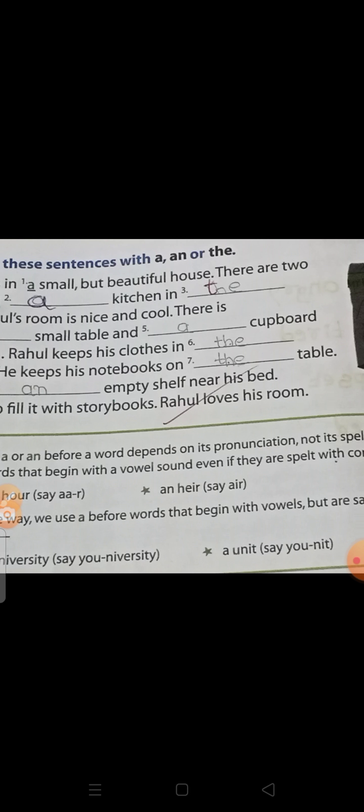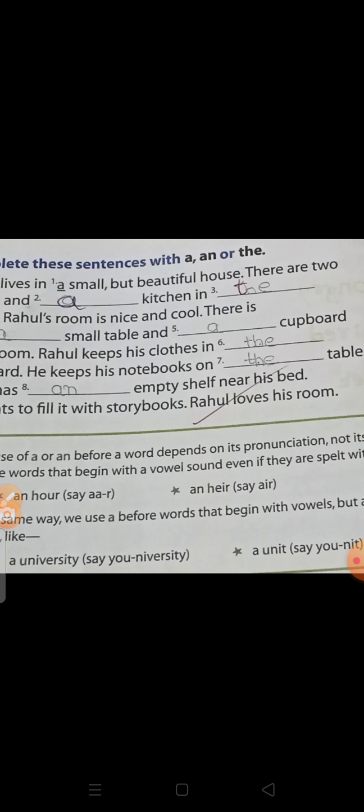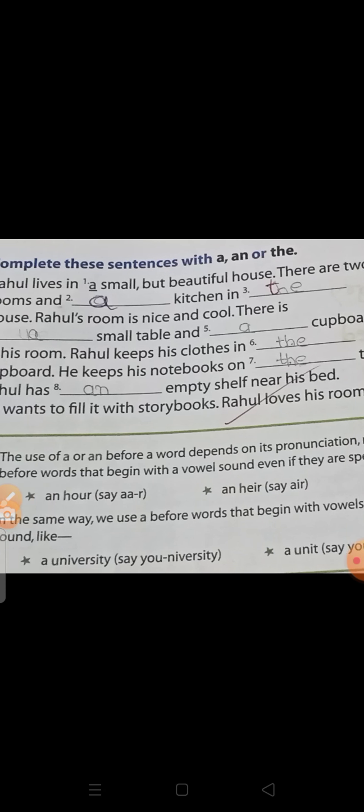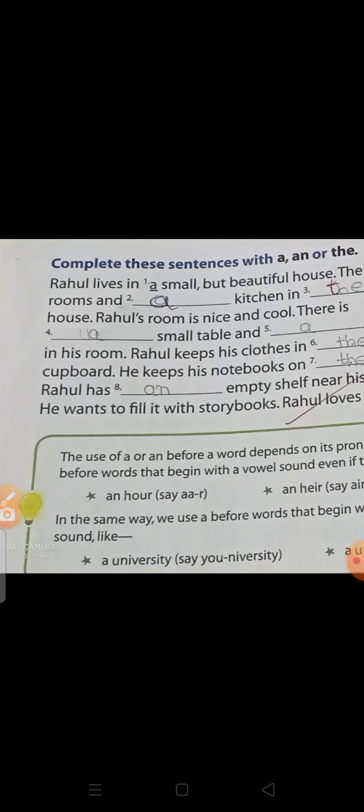Some important points are here. The use of a or an before a word depends on its pronunciation, not its spelling. We use an before words that begin with a vowel sound even if they are spelled with a consonant, like an hour.